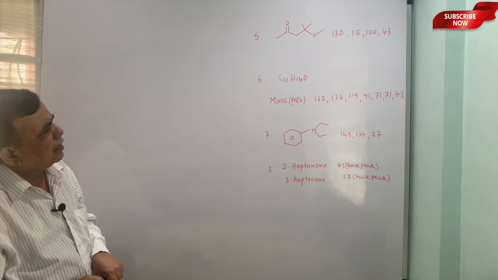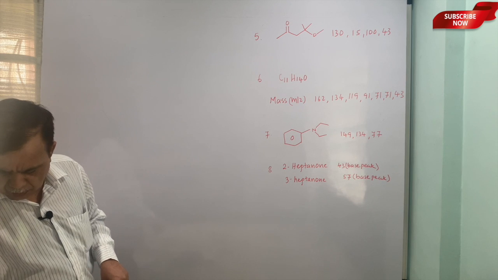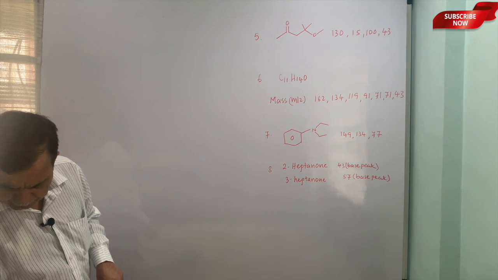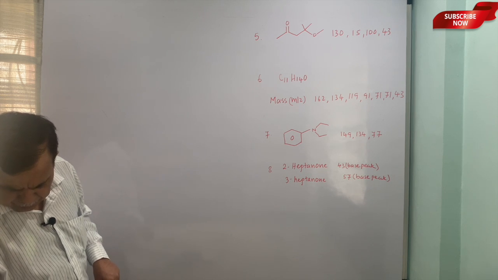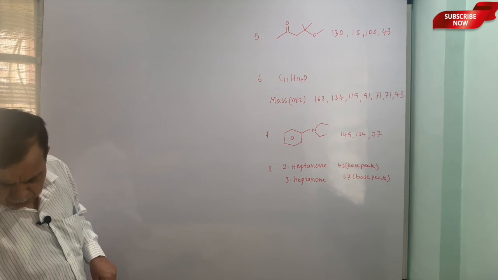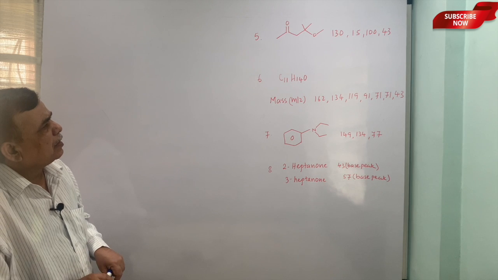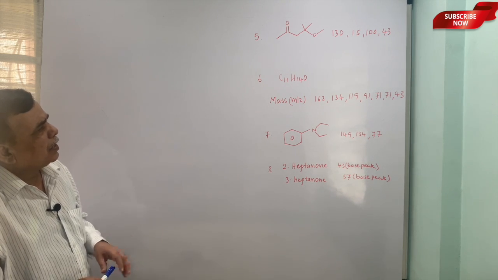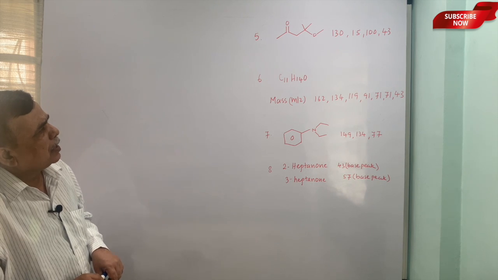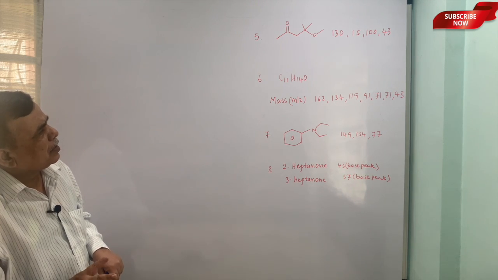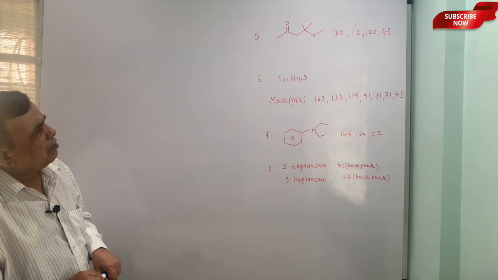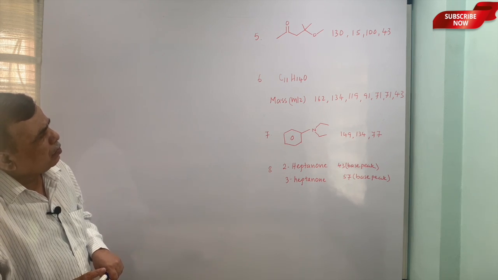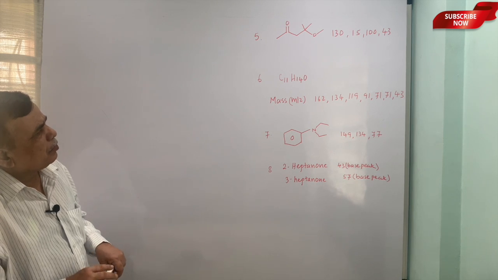130 looks like the molecular peak, then suddenly 15 is appearing. So 15 is the loss of methyl, but with heterolytic cleavage. 100 is like losing OCH3, but one of the protons is retained.